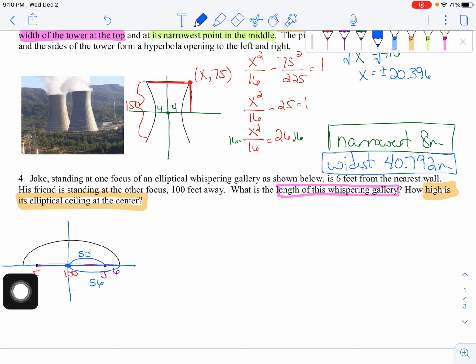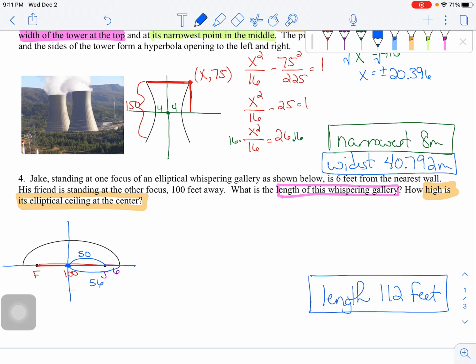Okay, so that means I would be from the center to the edge 56 feet this way, 56 feet the other direction for a total length. So length is going to be whatever 56 times 2 is. So 112. So 112 is this feet? It is feet. Okay.